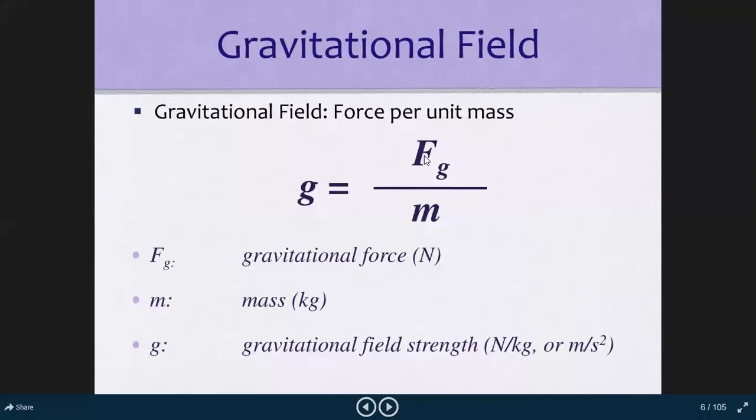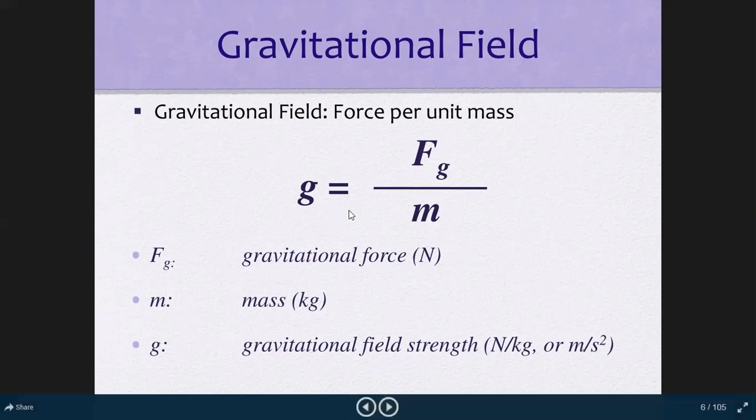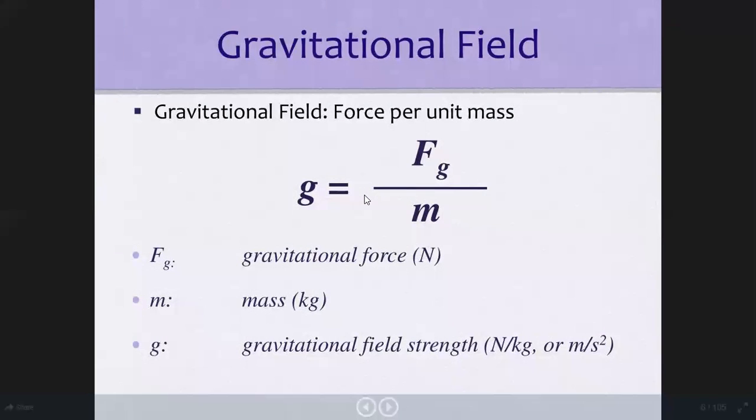That is, force per unit mass is the acceleration due to gravity, but here we call it gravitational field intensity or simply gravitational field. So this is the expression for gravitational field intensity: force per unit mass.